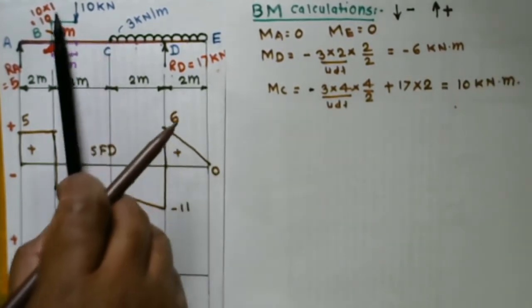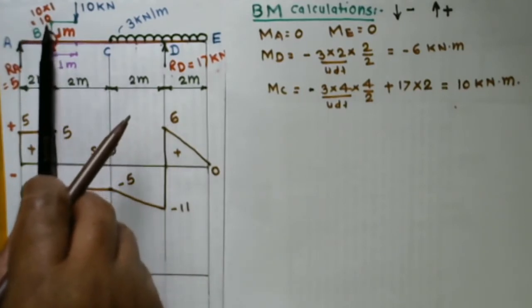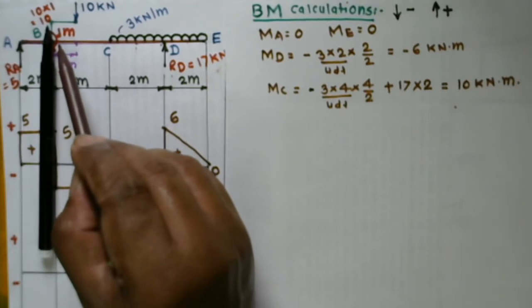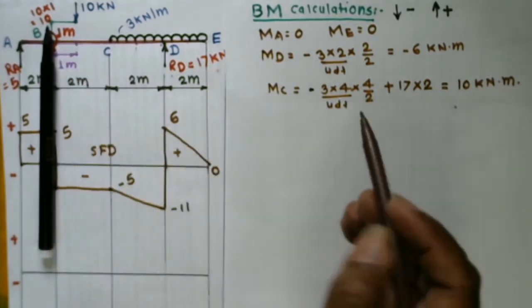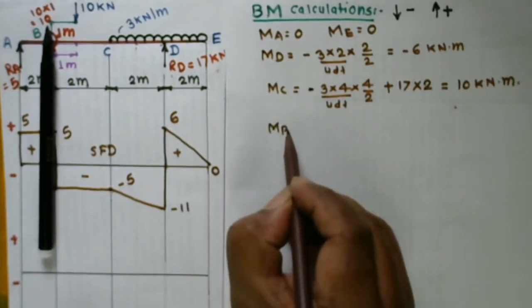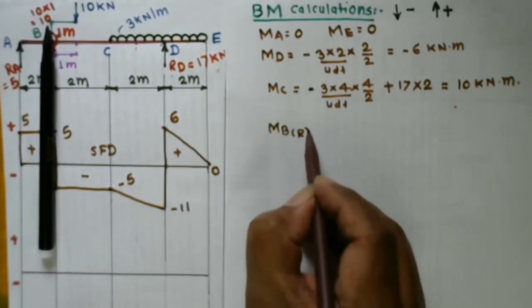Now the next point is here at point B. At point B itself a moment of 10 kilonewton meter is acting, so first we have to calculate the moment at point B on the right side.